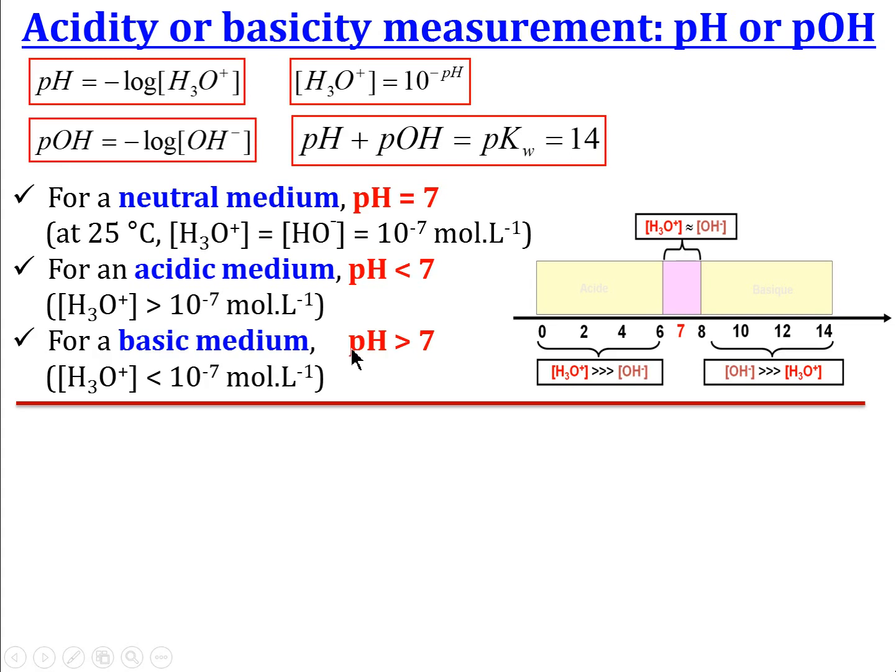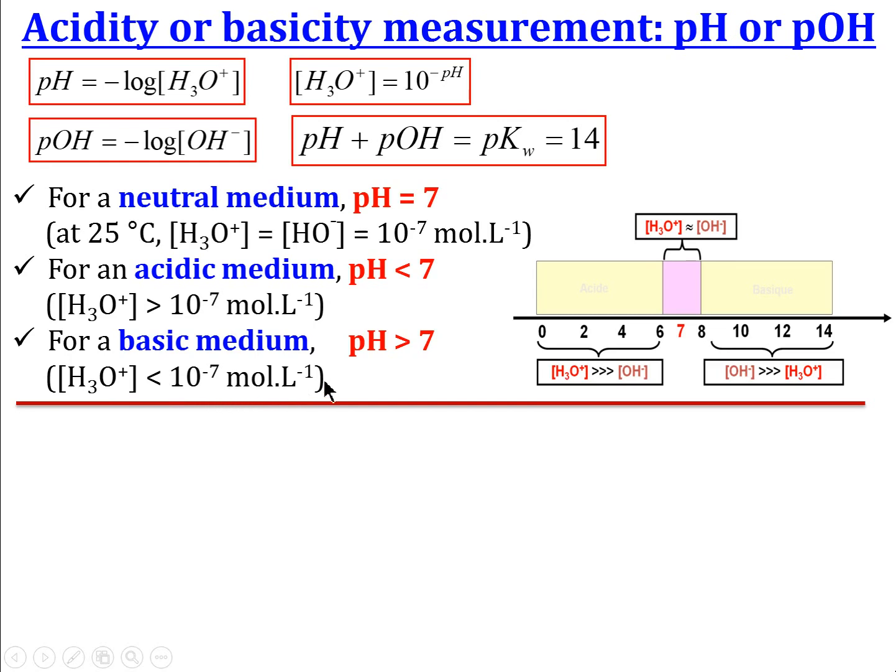If the pH is greater than 7, the solution is basic, so the concentration of H3O+ is less than 10^-7 mole per liter, or in other words, the concentration of OH- is greater than 10^-7 mole per liter.